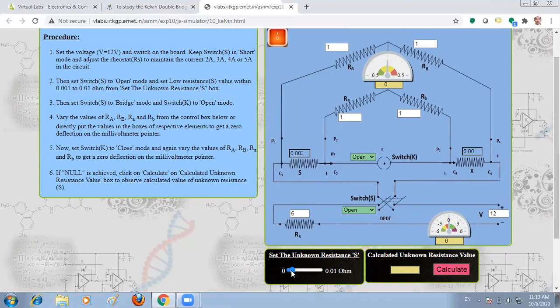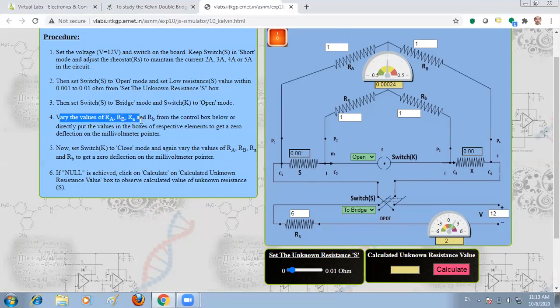So we will set this resistance. Okay, now this is 0.001. Now next is set switch S to bridge mode. Switch S is in bridge mode and switch K to open mode. Switch K is already in open mode.